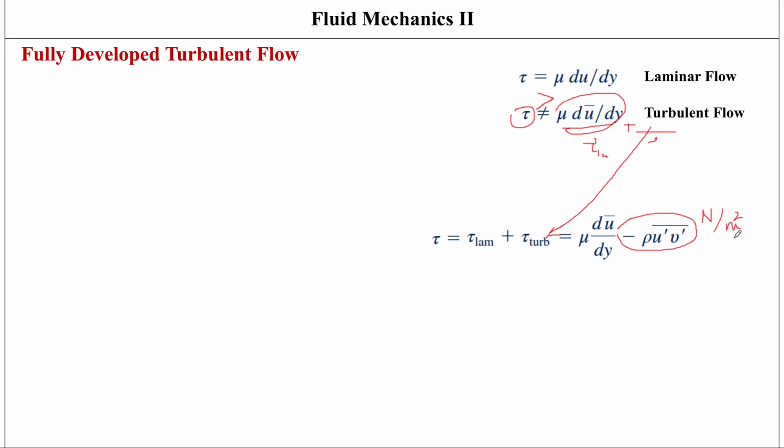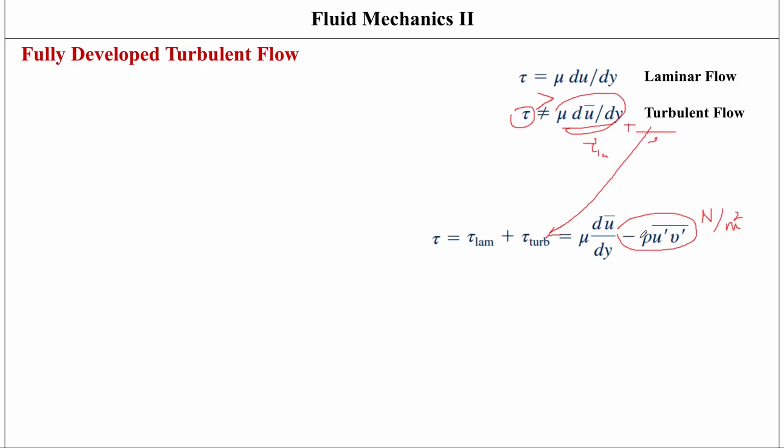And why are these called Reynolds stresses? Because Reynolds was the first one who discussed these stresses in 1895. So from this, what we can see is that shear stress in turbulent flow is not just proportional to this component here, but it also contains a contribution here because of the random fluctuations of the x and y components of the velocity.